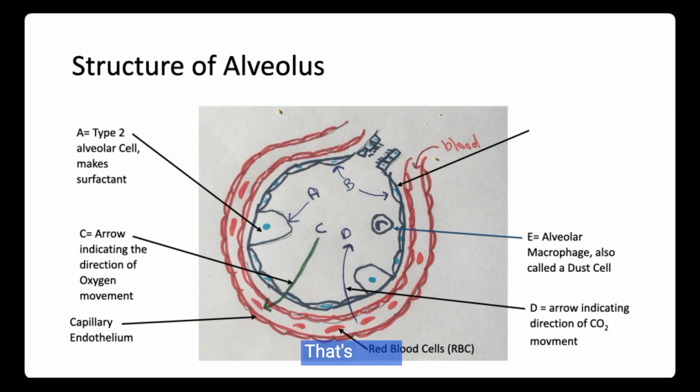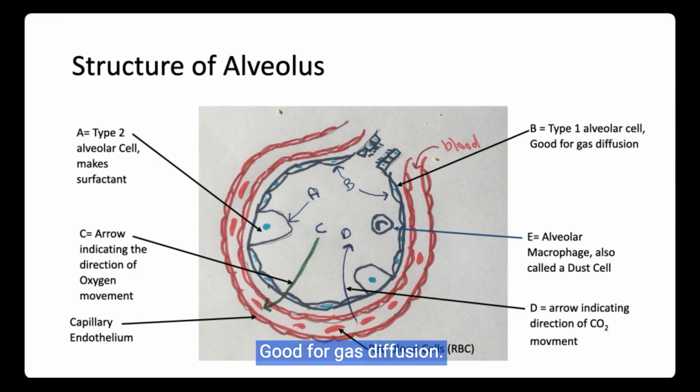How about here? That's right. Type 1 alveolar cell, good for gas diffusion. How about right here? Right on. That's our alveolar duct.